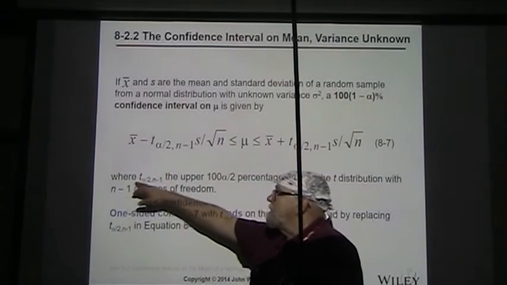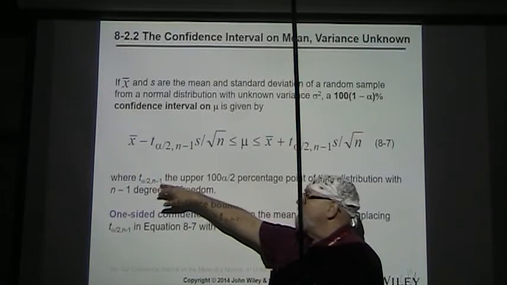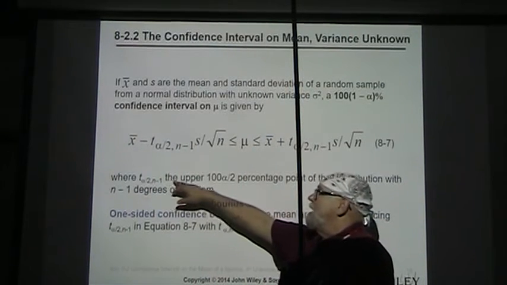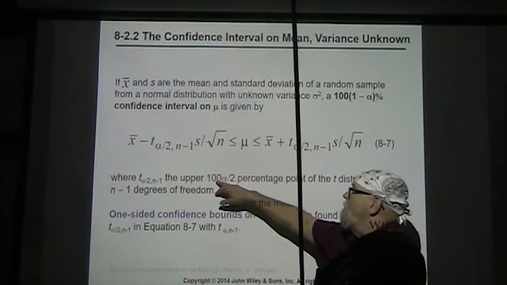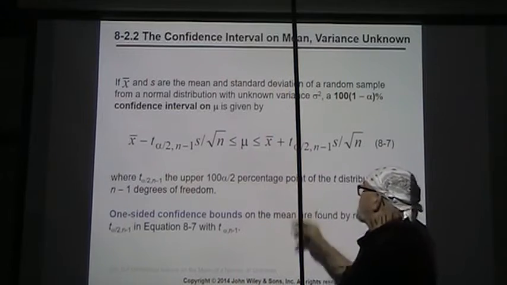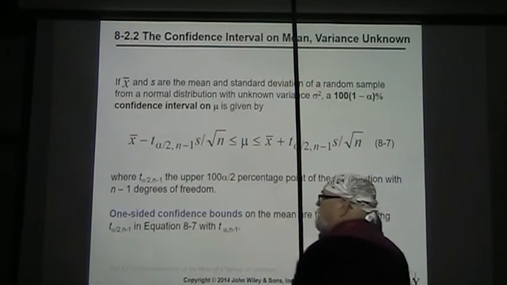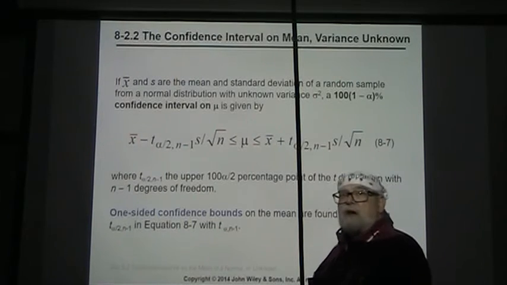That is where t alpha divided by 2 with n minus 1 degrees of freedom is the upper 100 times alpha divided by 2 percentage point of the t-distribution, again with n minus 1 degrees of freedom.